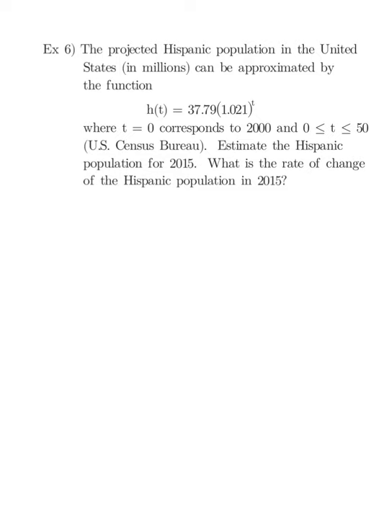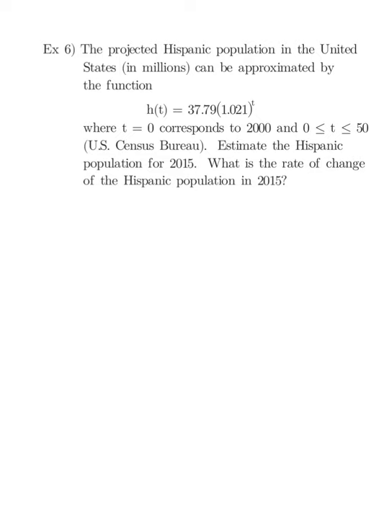That means that this function only works for the years 2000 to 2050. This is all from data from the U.S. Census Bureau. I chose this problem because it gives you real-life data numbers, and you can see that they're not pretty.